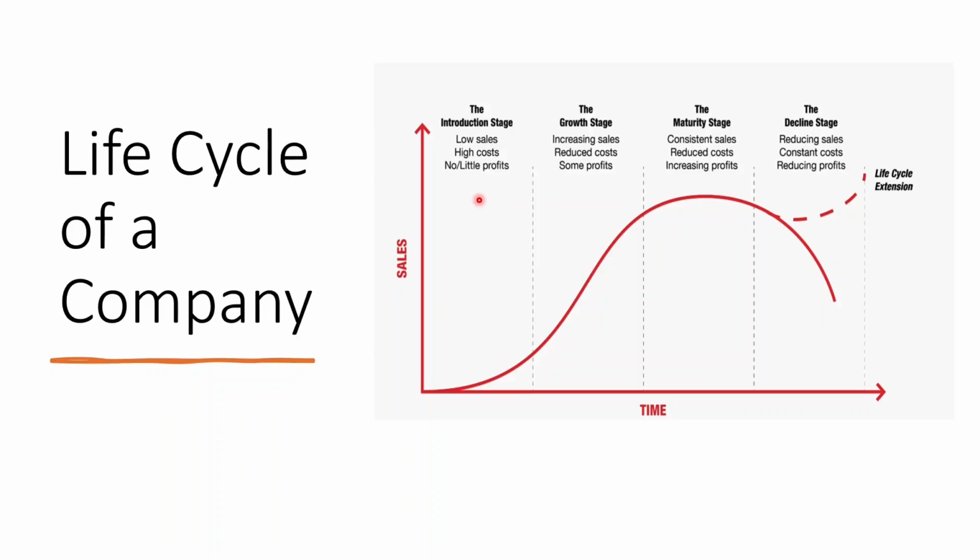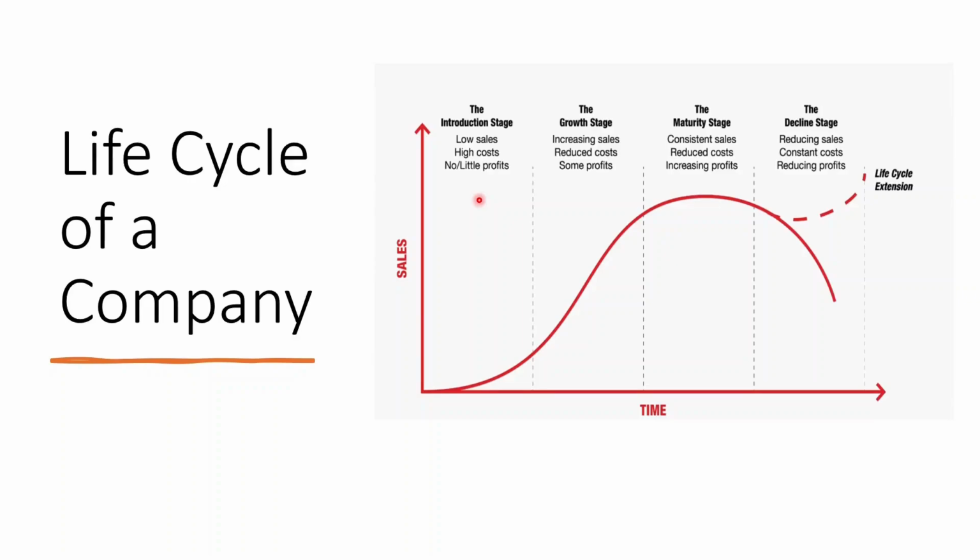So a company begins its operations usually by launching a new product or service into the market. During this stage, the sales are low and the company focuses on marketing to acquire its target customers. It spends on improving its product and services and launches advertising campaigns to showcase their competitive advantage and value proposition.